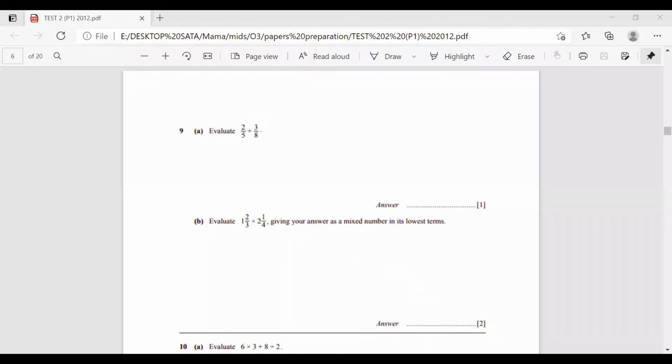So here is your paper in front of your screens, June 2012, 4024, variant 1, 2.